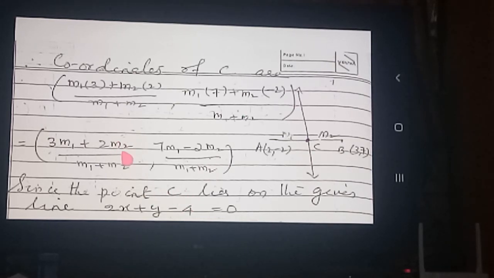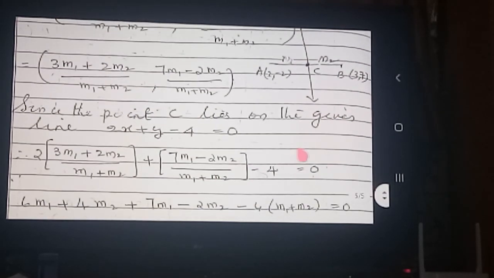Will satisfy the equation means in the place of x, you apply the value of x, and in the place of y you apply the value of y. That is all you want to do.